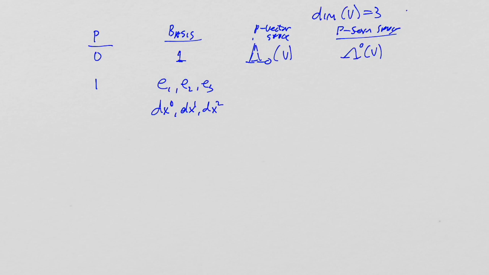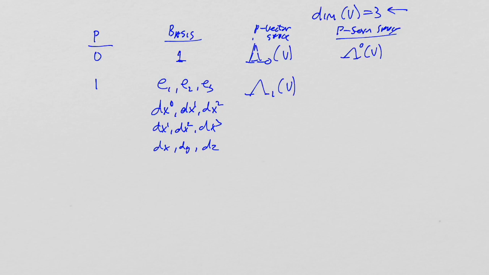If you're using dimension 3, you're probably hanging out with a lot more engineering math, and it's much more likely that you'll write dx1, dx2, dx3, or even dx, dy, dz, something like that. But that would be the basis, except I need to do something.